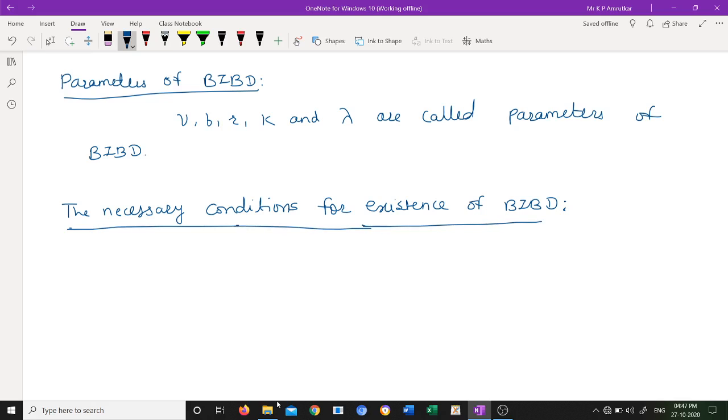The first one is VR must equal BK. The second condition is lambda into V minus 1 must equal R into K minus 1. Or we can say, if we send V minus 1 to the other side, then lambda will become R into K minus 1 upon V minus 1.